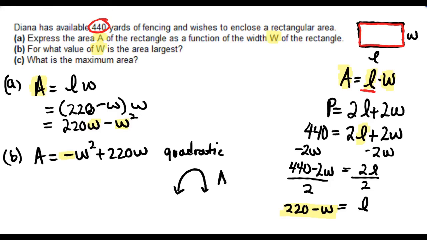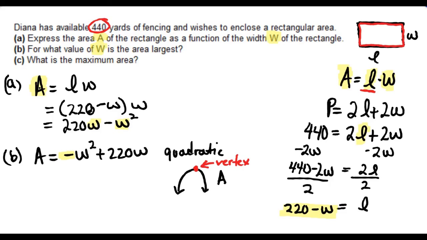So this is going to be the graph of the area function, a quadratic, and the highest area is going to occur at the vertex. So if we want to find the largest area, we need to find out what the value of that vertex is.